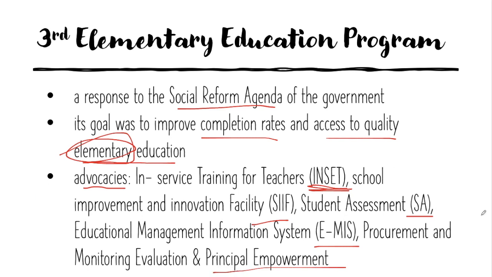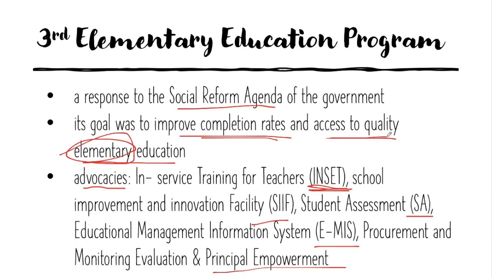Okay, so these are all the advocacies. These are all the innovations that the 3rd Elementary Education Program has given us, although it was mainly focused on elementary education, primarily to improve the completion rates and to gain access to quality elementary education.